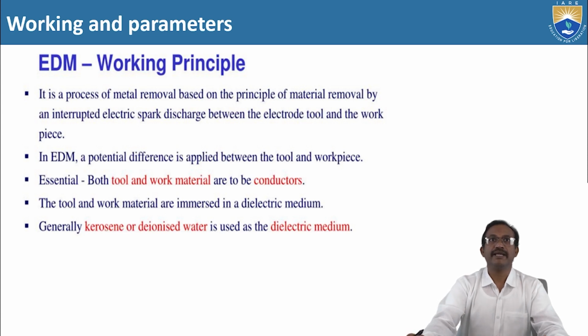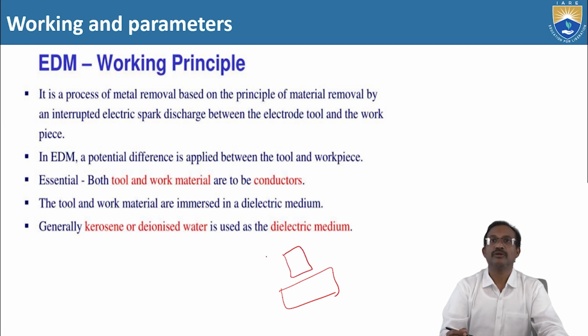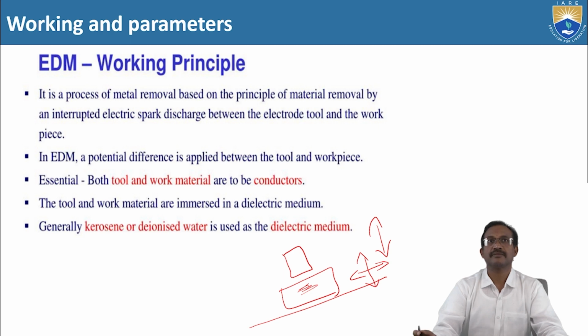In EDM, a potential difference is applied between the tool and workpiece. This is the workpiece, this is the tool. The beam of electrons will strike the surface of the workpiece, and the workpiece will move in x, y, and z directions so that material removal will take place.